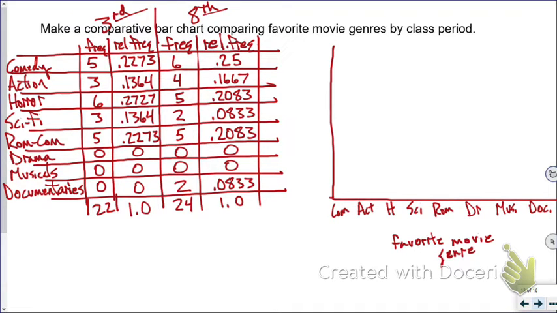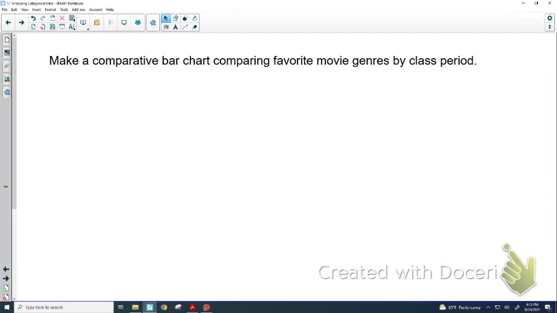And then we had to decide on a new number scale for 8th period. Because 8th period yesterday only went up to 25, but now we're looking at 3rd period's data also, and you see this 27 right here. So we need to account for that.